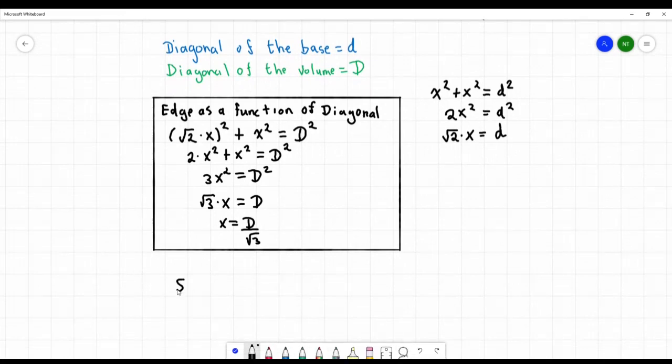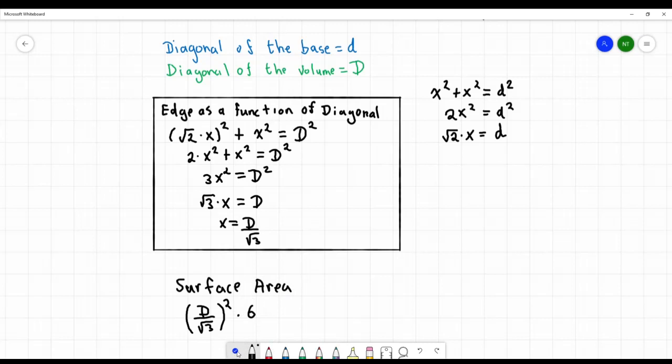So surface area is just our edge, and our edge is d over root 3, squared, times 6, right?